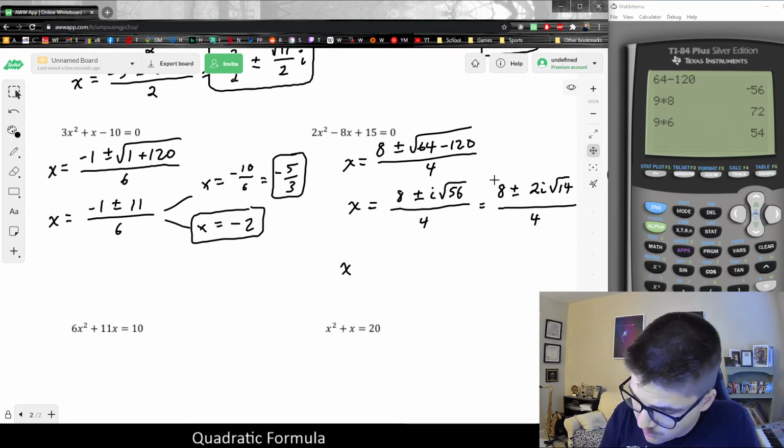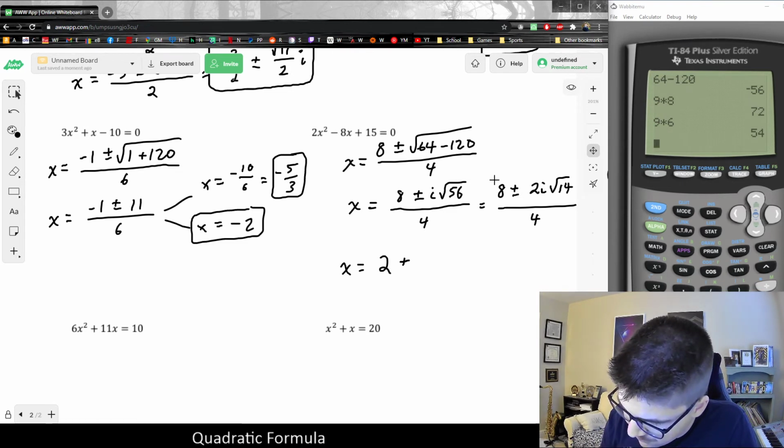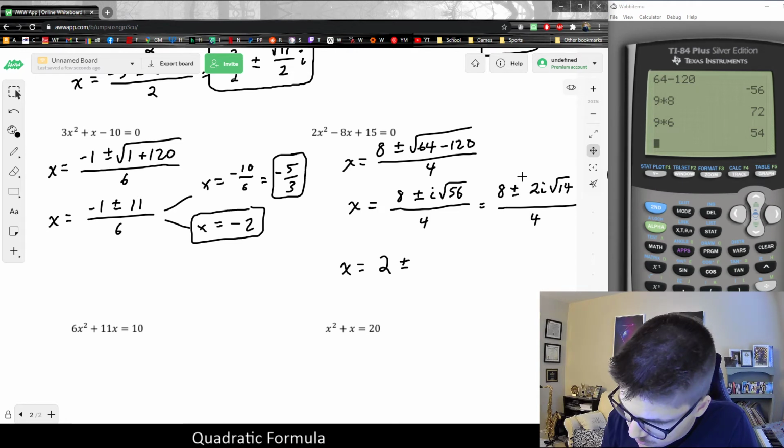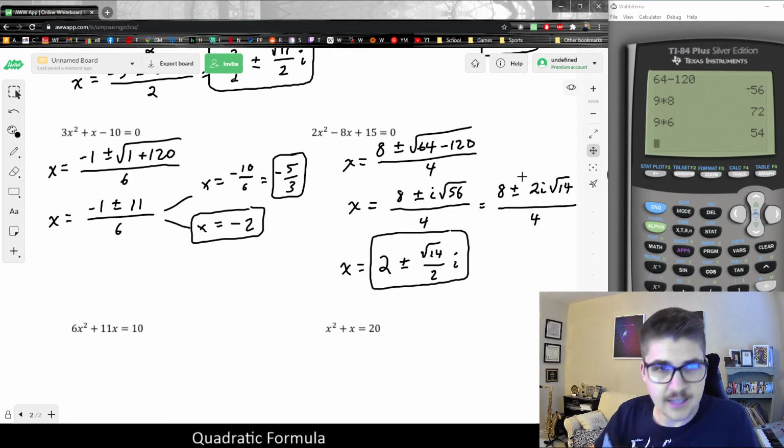Because I have 8 over 4, which is just 2. And then I have 2i root 14 over 4, and 2 over 4 will reduce to just 1/2. So I could rewrite this as 2 plus or minus root 14 over 2 i. And that's about as simple as I can express the 2 answers to that equation.